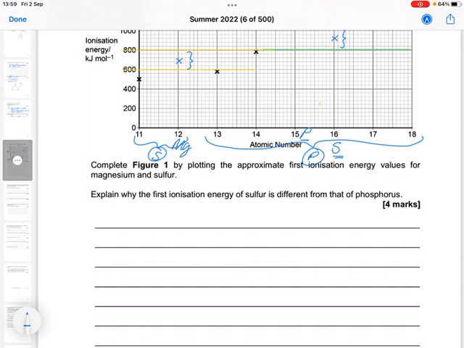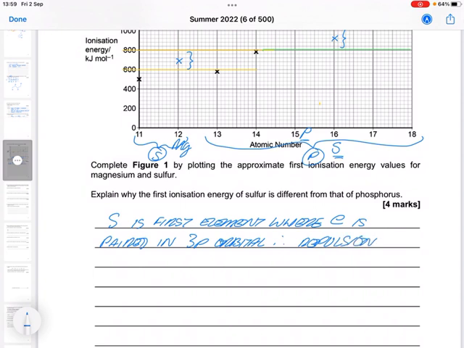So sulfur is the first element where the electron is paired in the 3p orbital. Therefore we get repulsion. Therefore less energy is required.